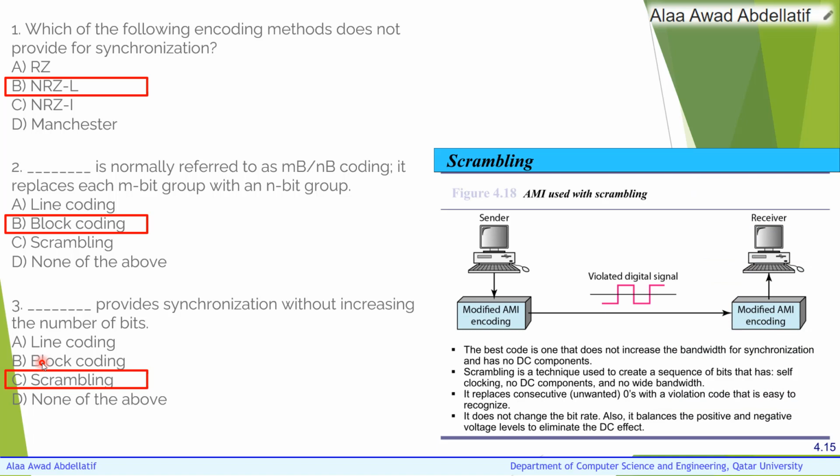As we said, scrambling doesn't change the bit rate and also removes the DC component. So it supports synchronization and removes the DC component without increasing the number of bits, because we change n bits by another n bits: 4 bits by 4 bits, 8 bits by 8 bits. So we don't increase the number of bits.